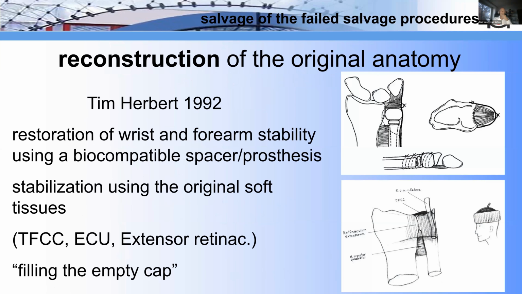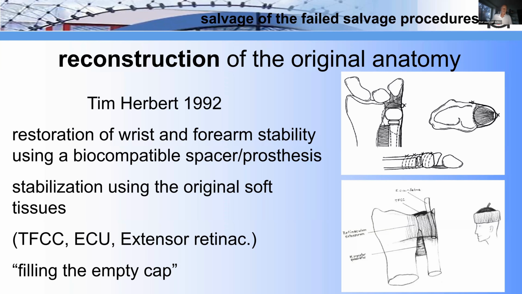So when I visited Tim Herbert during my fellowship in 1992, he already had some good results using the original Swanson ulnar head spacer, the silicone spacer. But in a retrospective study, he could find that that spacer only lasted for the stability for about 1 or 2 years, and then usually it fractured and the stability was gone again.